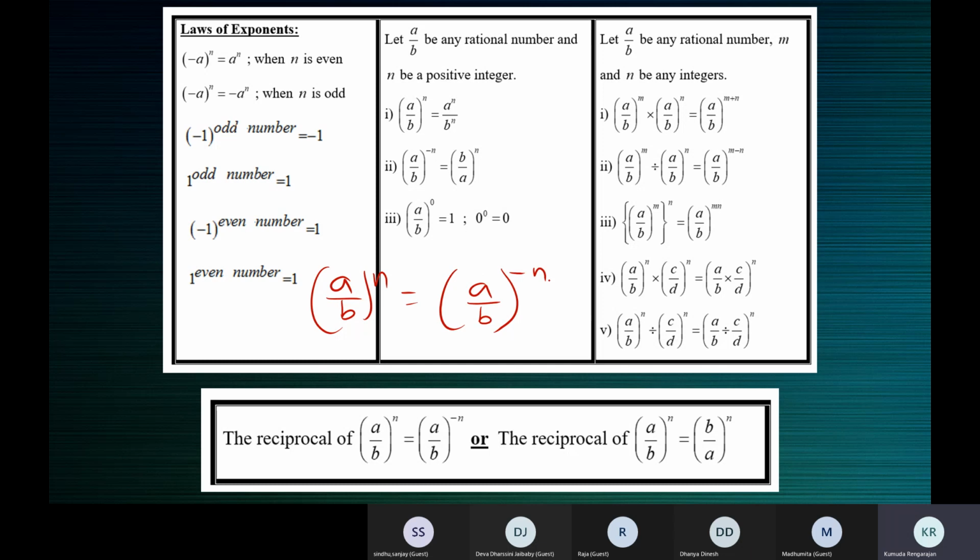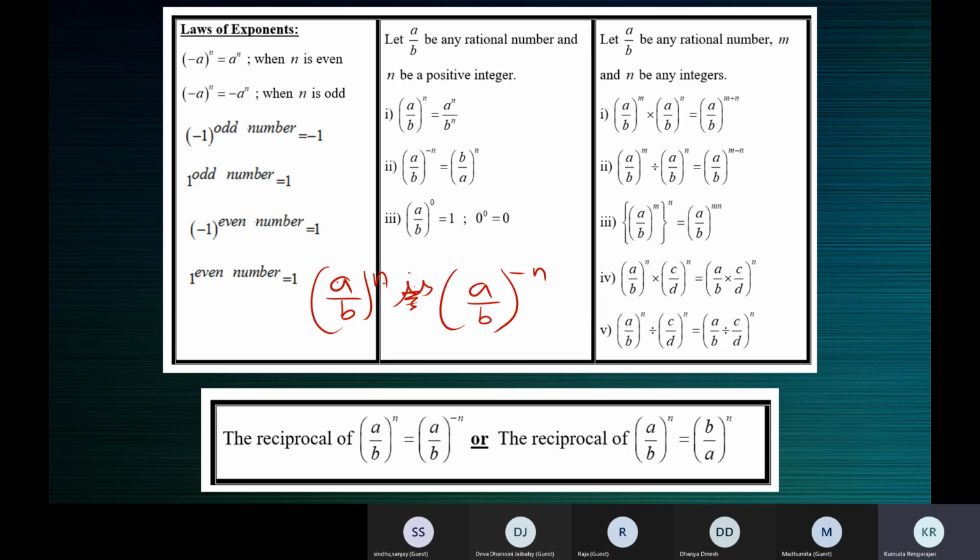You're writing the negative of the power. You're making only one change. That means you're not writing the equivalent of it; you're writing the reciprocal. The reciprocal of (a by b) to the power n is (a by b) to the power minus n.